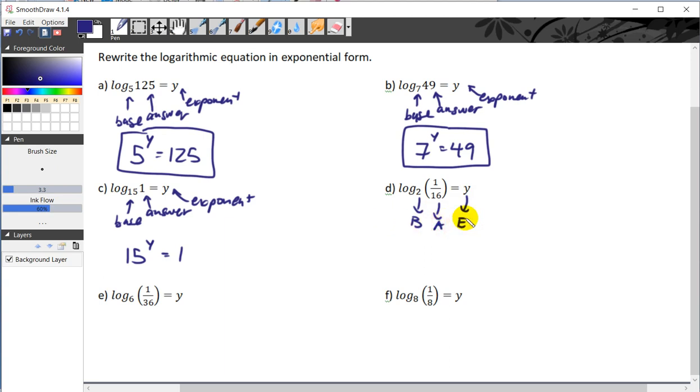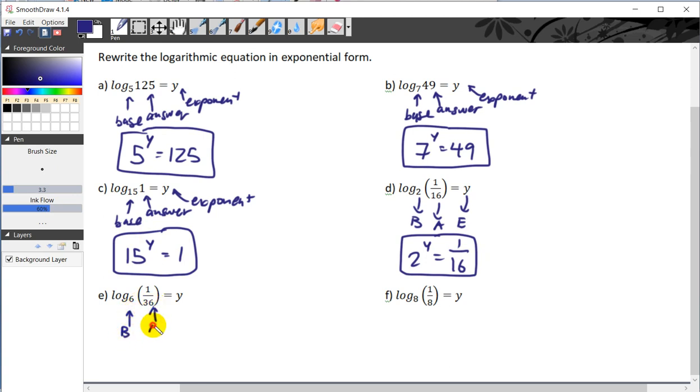This spells BAE: base, answer, exponent. So 2 raised to the y equals 1 over 16. That's it. Okay, this one, this is our base, this is our answer, and this is our exponent. 6 raised to the y equals 1 over 36.